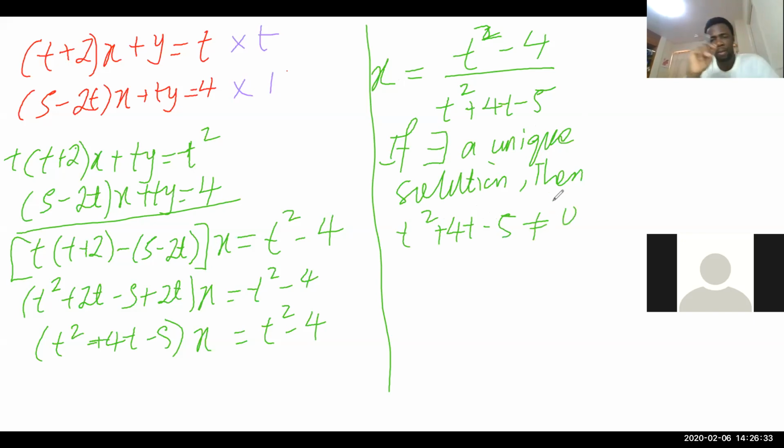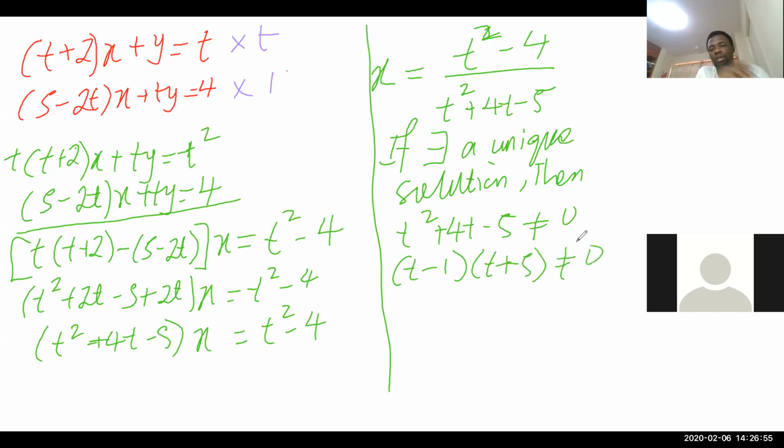Basically you have to solve the opposite of equals 0. So that will be (t minus 1)(t plus 5). Am I right?